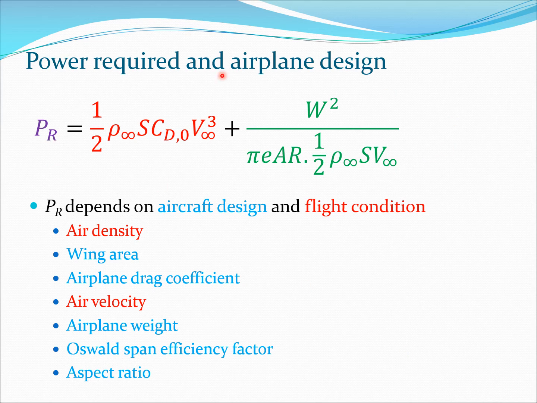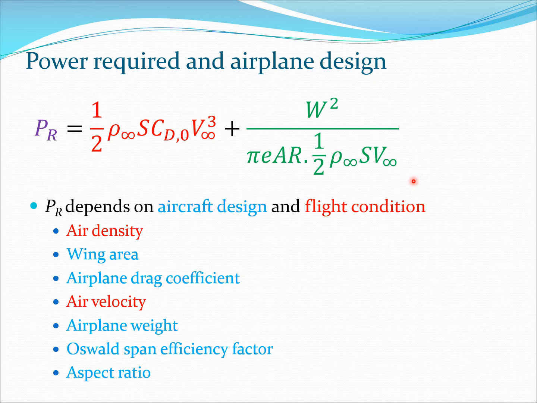So let's rewrite this equation for power required because it's going to tell us a lot about what we can do to control or optimize power required. We see here that there is the red part which is totally dependent on CD0. That is the part which is all coming from the drag, and then this is the part which is lift related, in green.